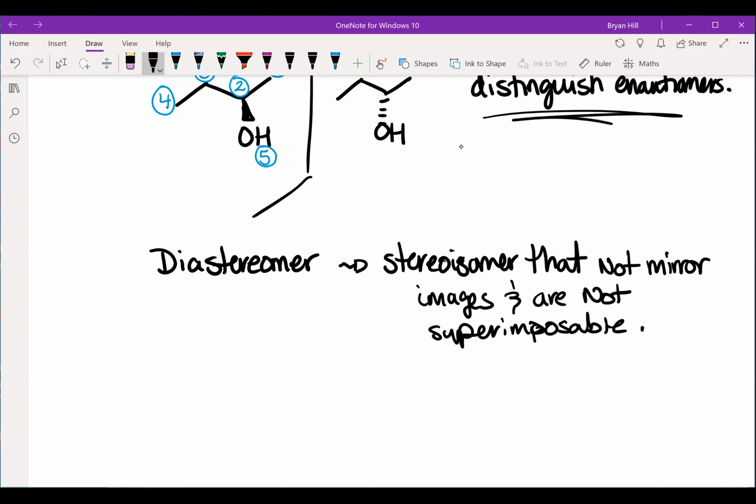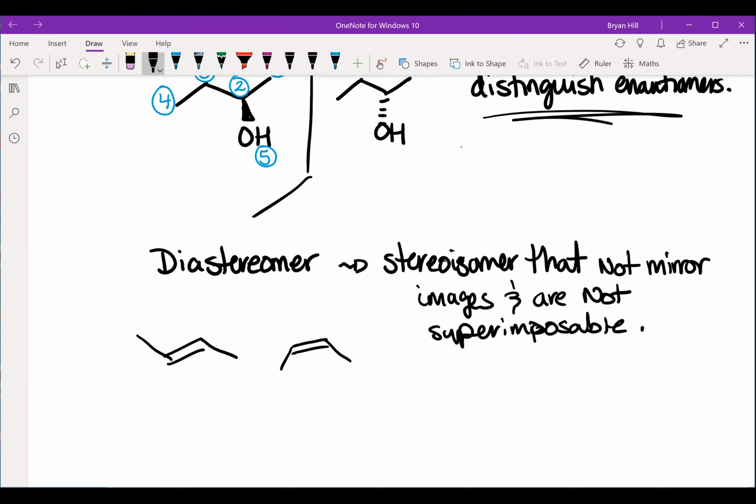So an enantiomer, remember, is a mirror image, non-superimposable. A diastereomer is not a mirror image and not superimposable. So cis-trans diastereomers are not mirror images of one another and they are not superimposable.